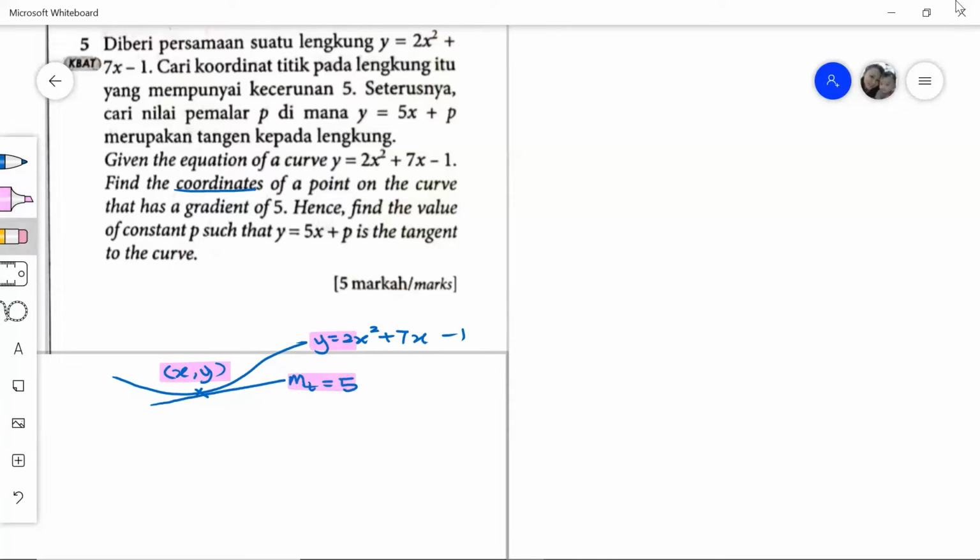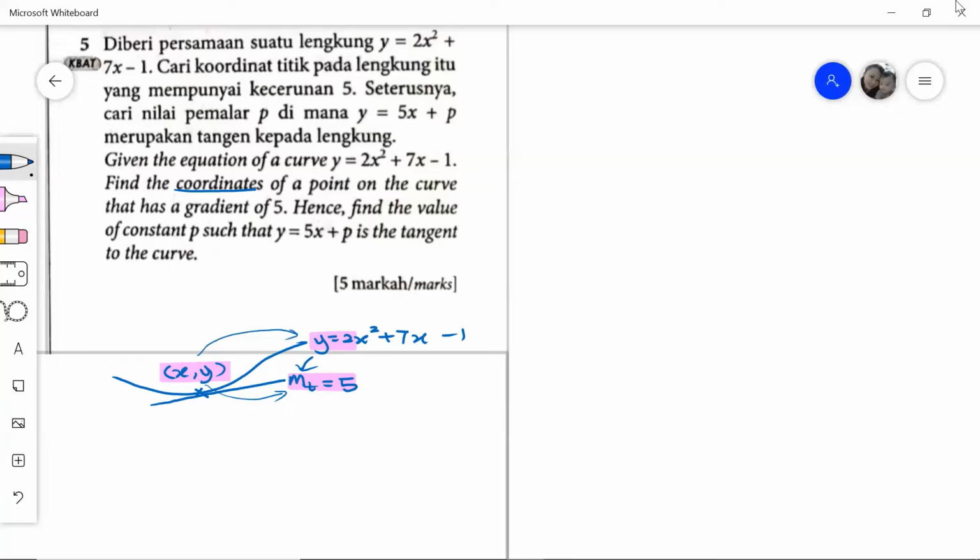Why do I say so? Because I can differentiate the y, which gives us that gradient of tangent. And then isn't it the gradient function will be in x? So I can substitute the x value in here to get the exact value of my gradient. If I want to find the point, I just substitute this into the function.